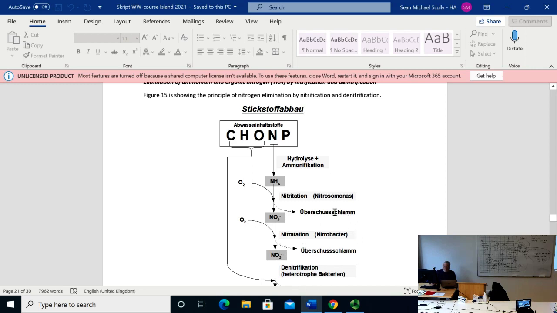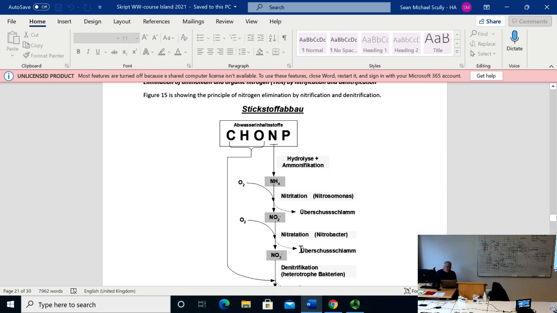These grow very slowly, and they are not heterotrophs, they are autotrophs. They are chemolithoautotrophic microorganisms. That means the energy source is chemical, it comes from ammonia.